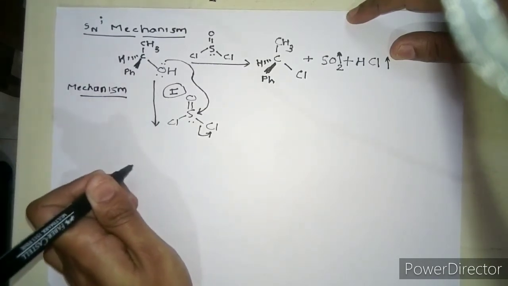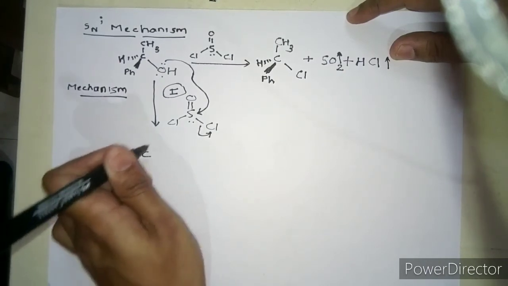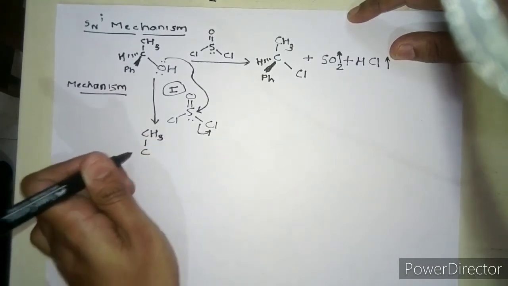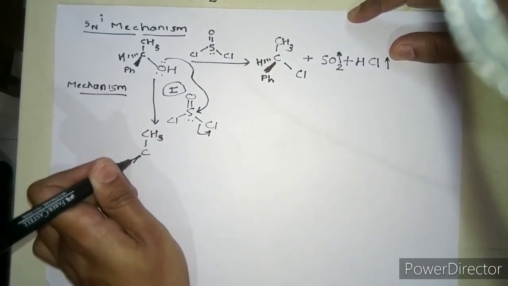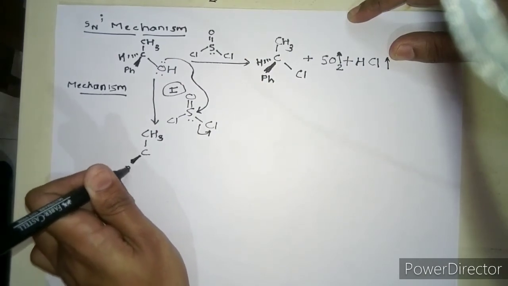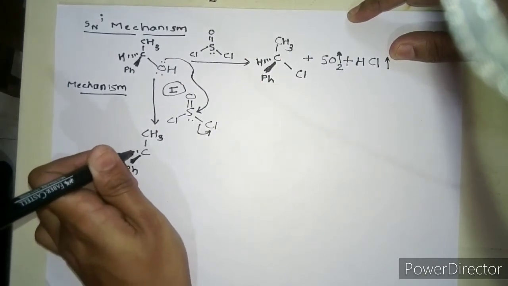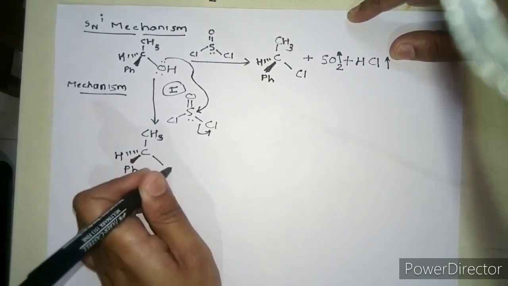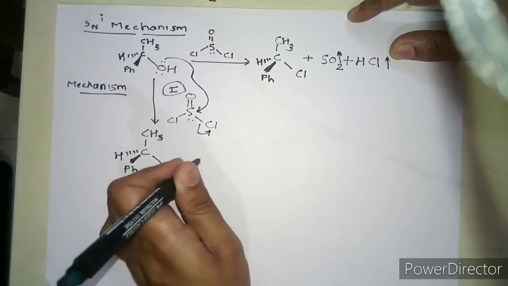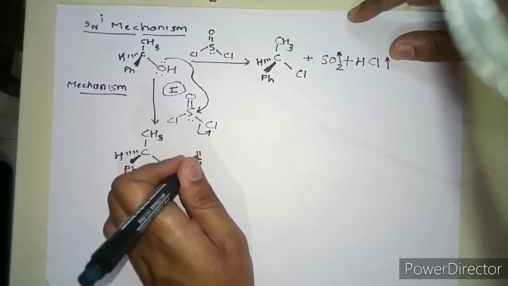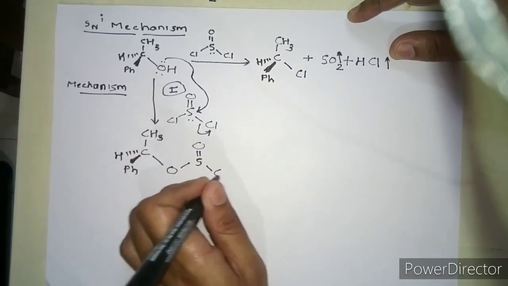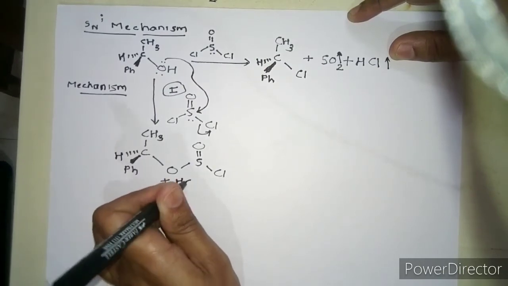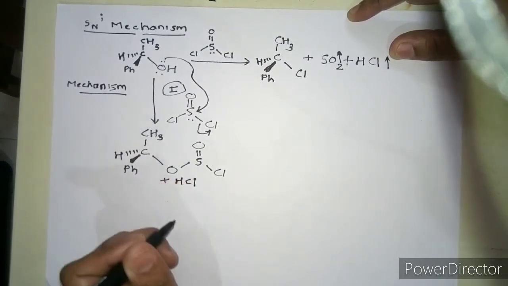HCl is removed in this reaction, and what you get here is CH3, H, and O S double bond O Cl, plus HCl.